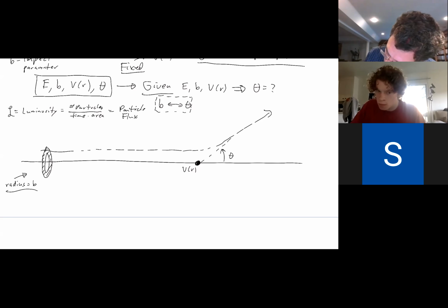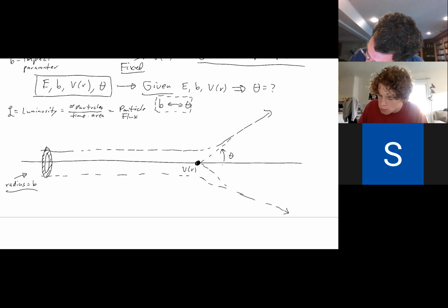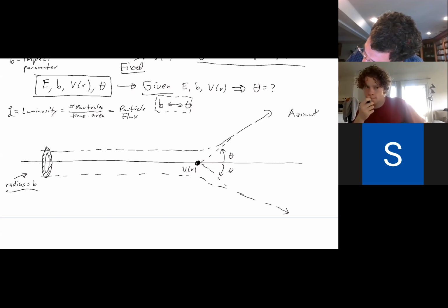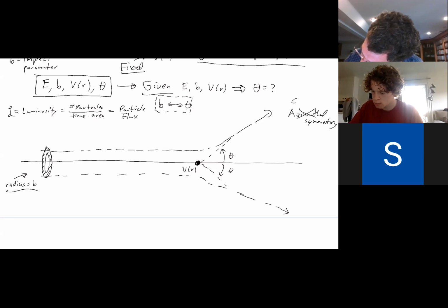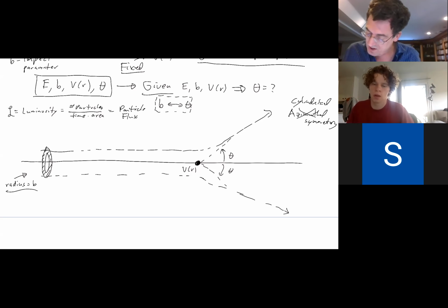Because you see even the one down here is deflected into the same angle. Because we say that there's azimuthal symmetry. Or I should say, let's call it cylindrical symmetry, because you can see how it has this cylindrical symmetry.